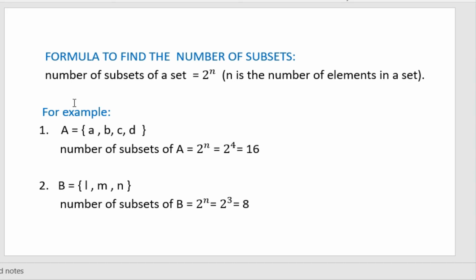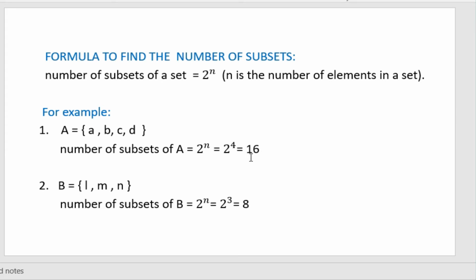For example, if we have set A which contains elements a, b, c and d, it means the number of elements of set A is 4. So to find the number of subsets of set A, we write 2 power n, which is equal to 2 raised to the power 4, which is equal to 16.